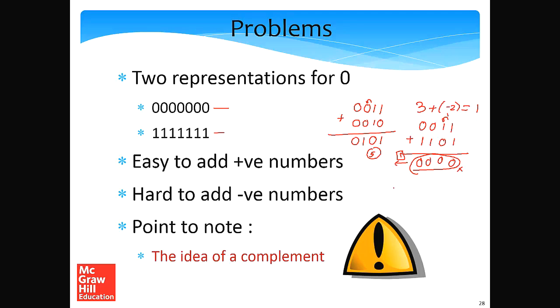So we do not have a number system where it's easy to perform arithmetic operations on both positive and negative numbers. But nevertheless, the point to note is the idea of a complement, that we can take the complement of every bit and try to represent that as a number. So there can be some merits to it. We have seen two ideas, the idea of a sign bit and a complement.